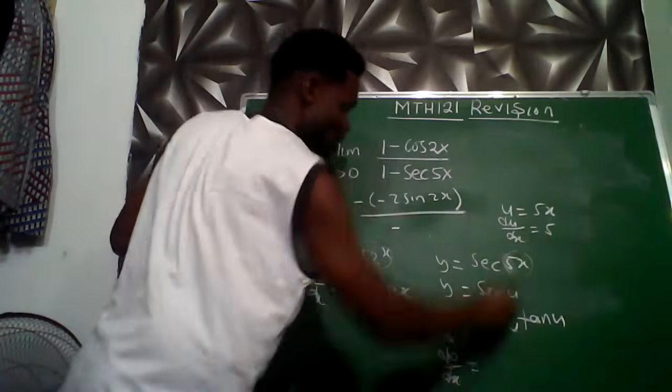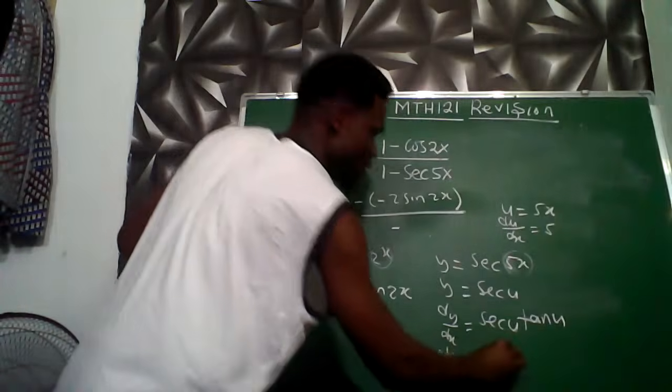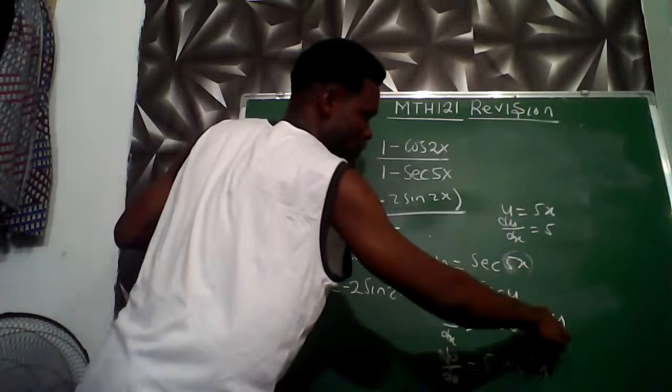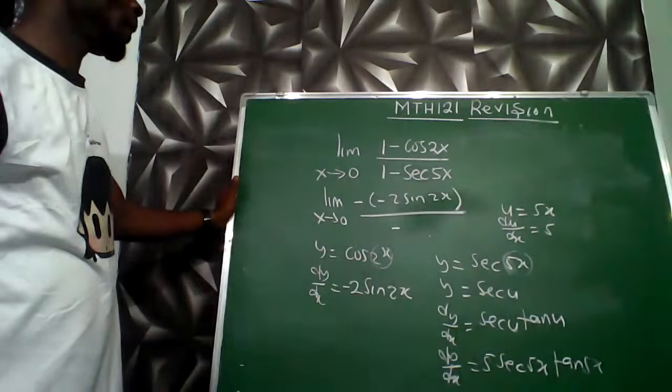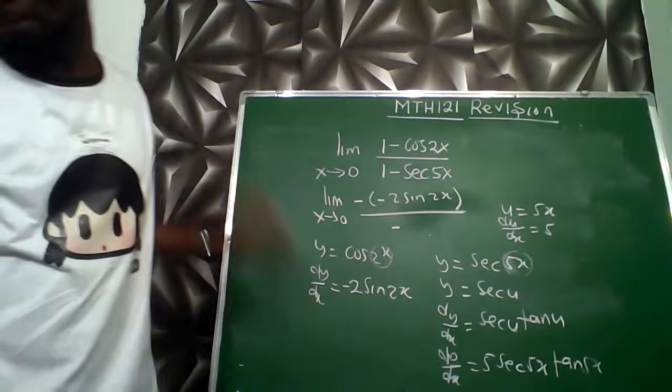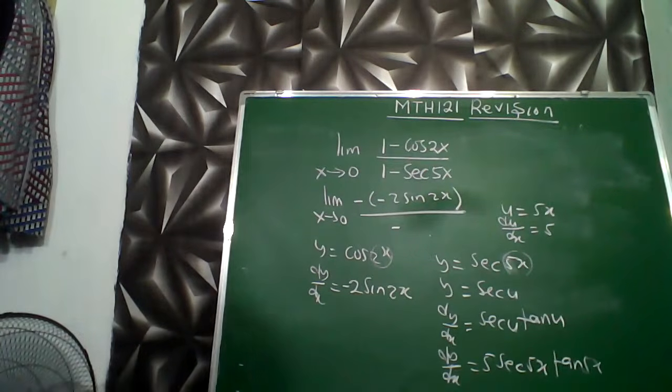So this 5, look at it here, then sec u is sec 5x, and then tan u is tan 5x. It's not the derivative of sec u. That's what I'm talking about.